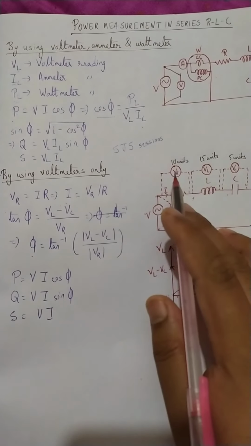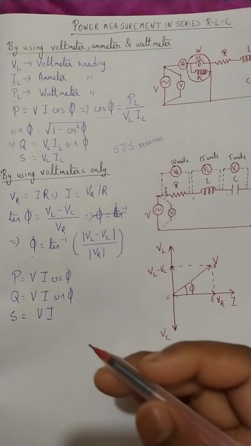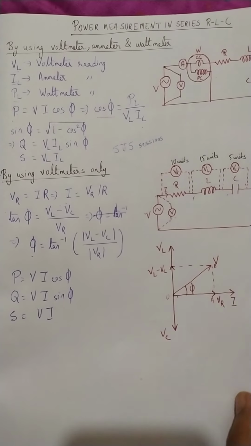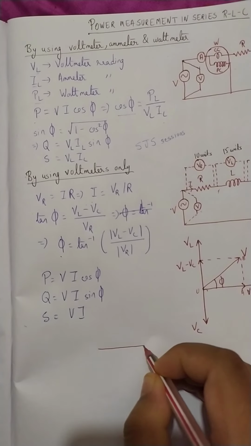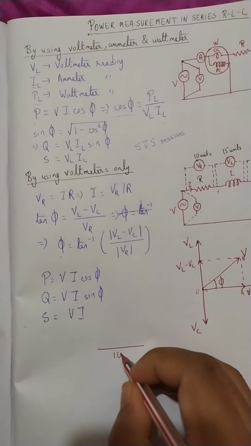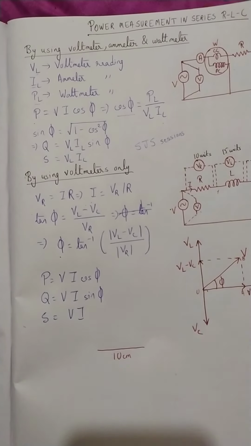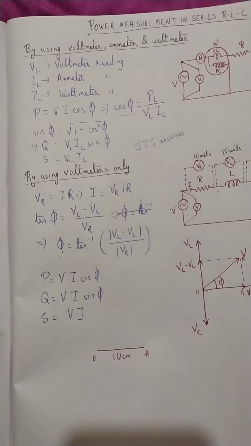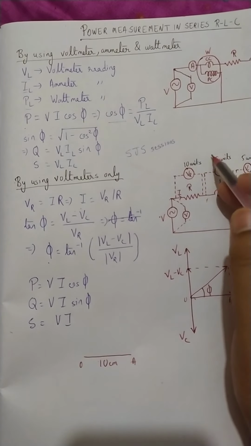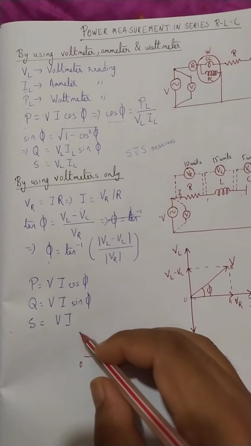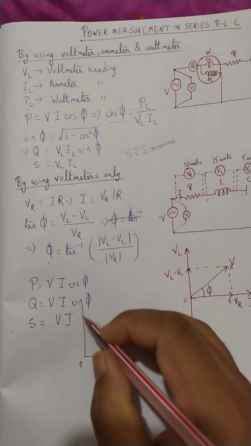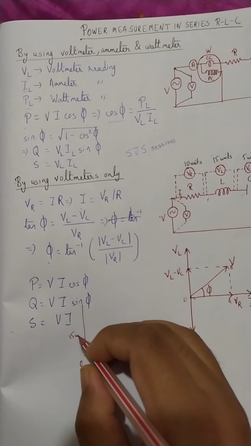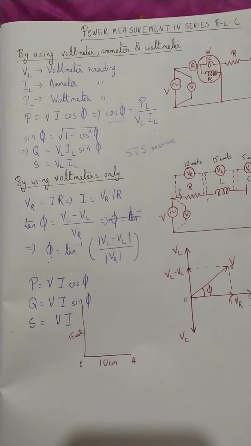VR is 10 units, so we take a scale and draw, let us suppose, a 10 centimeter line, and we call it OA. Then VL is 15 units, so I would draw it here, 15 centimeter, perpendicular.